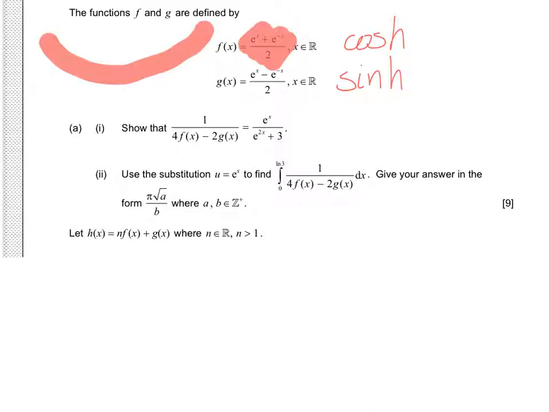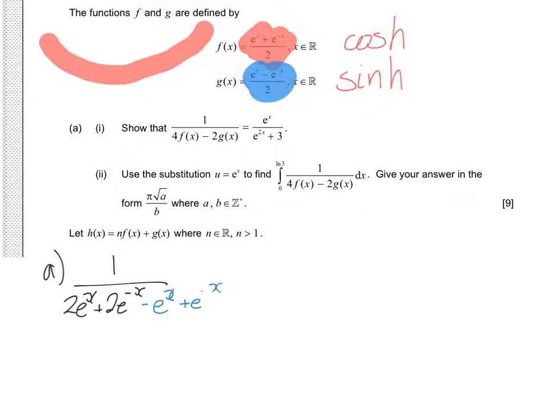Okay, so part A, part 1, straightforward. We're doing 1 over 4 lots of f. 4 lots of f, in the red, there is 2e to the x plus 2e to the minus x, and then minus 2 lots of the blue, which is minus 1e to the x plus e to the negative x.